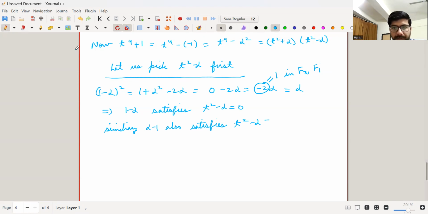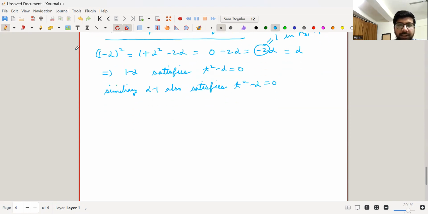And they are different roots because minus 1 is not same as 1 here. We are not in f2. So 1 minus alpha is different from alpha minus 1, right? So they are different elements in f3. So these are two roots of t square minus alpha.